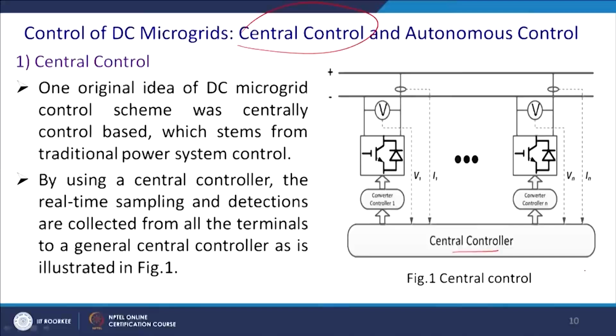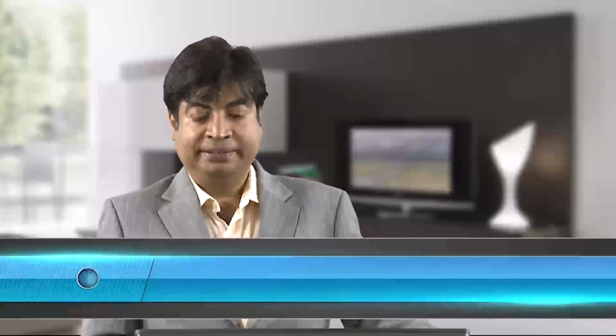The original idea of the DC microgrid scheme was central control, which stems from traditional power system control. You have a master control room, from where you try to control all your power system equipment by SCADA. That was the thought process at the initiation of the DC microgrid, but it has many limitations.